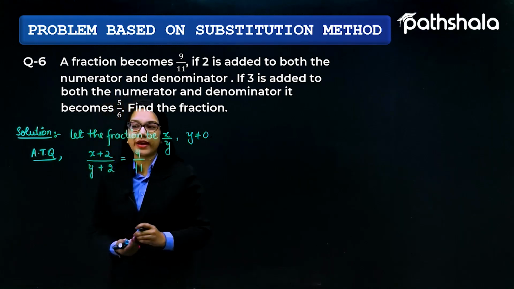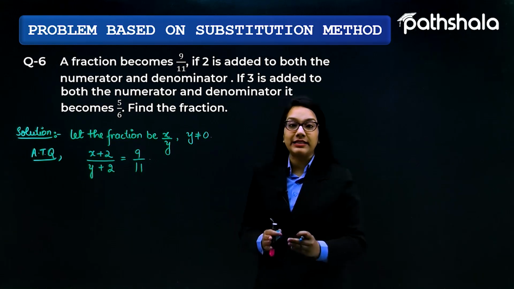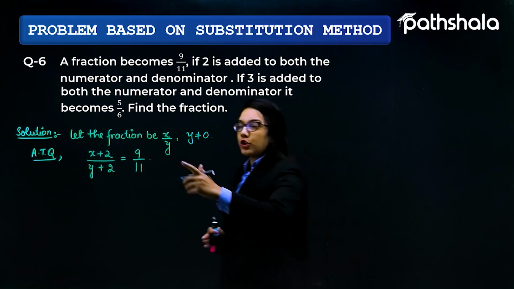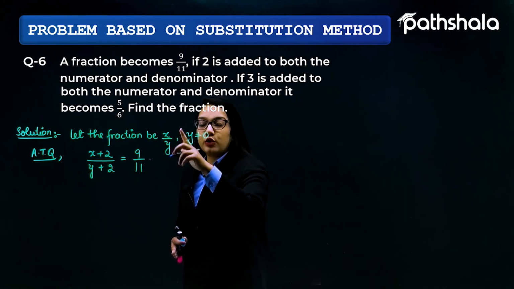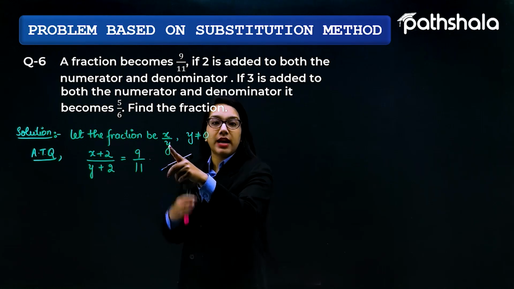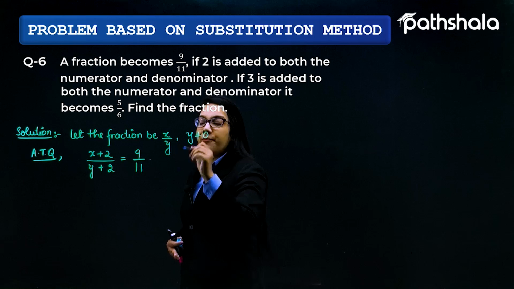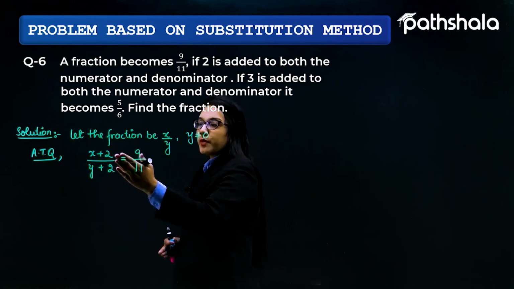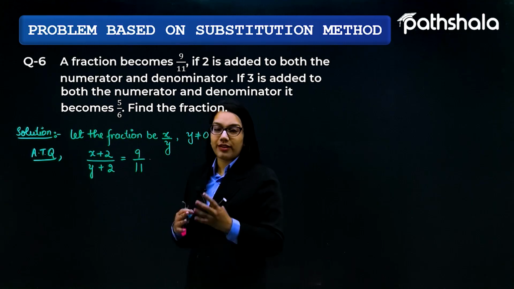As you can see in the question, 2 is added to the numerator x, and 2 is added to the denominator, and thus the fraction becomes 9 by 11. So if the fraction is x by y, then the fraction becomes x plus 2 by y plus 2, which is equal to 9 by 11. Let's sort out this equation.